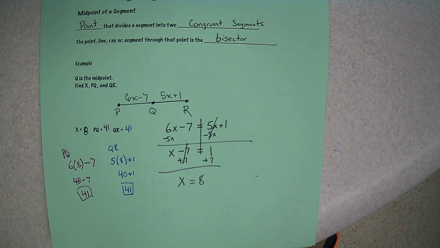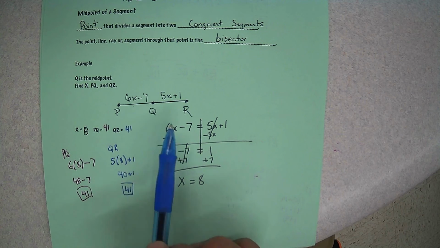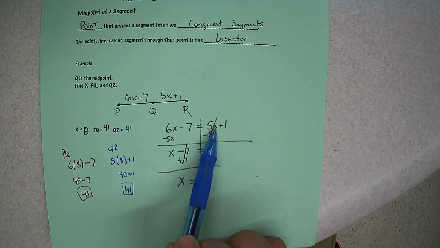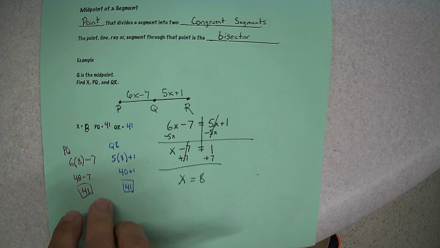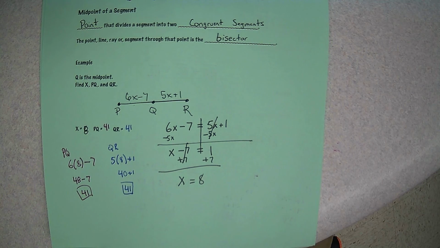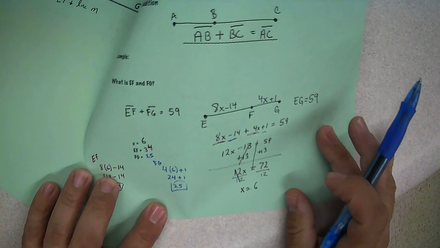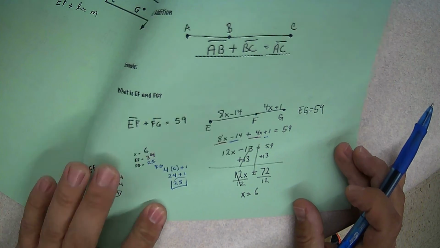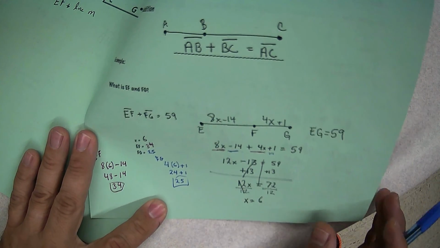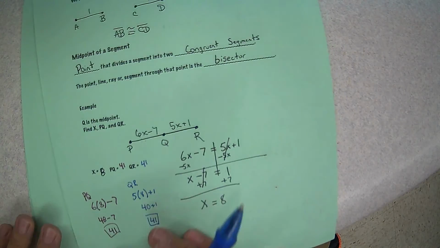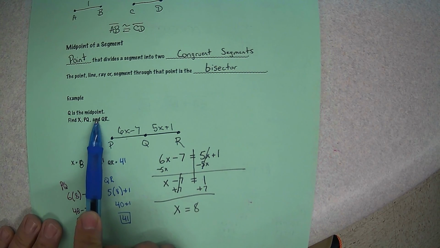Now, the biggest thing to look for when we're working through these is that you're going to get them mixed up. Are we going to set the equations equal to each other like we did here, or are we going to add them and then set them equal to some number? The key thing to look for is, do we have a midpoint or bisector?